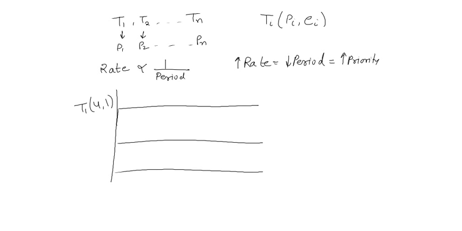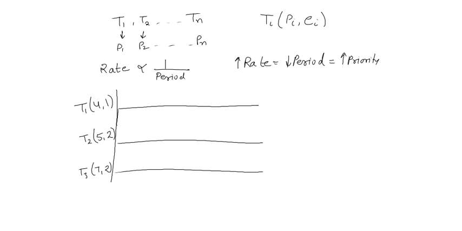T1 has a period of 4 and execution time of 1. T2 has a period of 5 and execution time of 2. T3 has a period of 7 and execution time of 2.